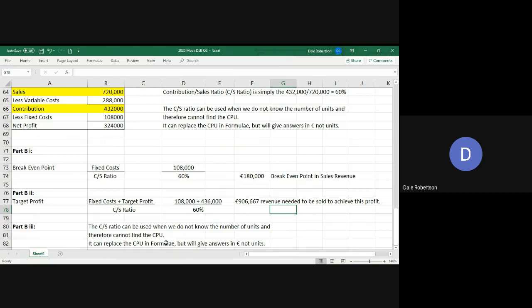It can replace the contribution per unit in formulae, but it will give its answers in euro, not in units. And that's essentially what I've written up here. I've just moved that down. So that part B is leaning very heavily on an understanding of the CS ratio, the contribution to sales ratio, which essentially is another way to calculate break-even point or target profit if you are not given the contribution per unit.